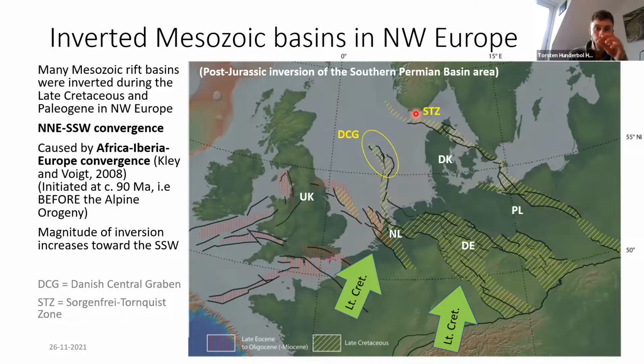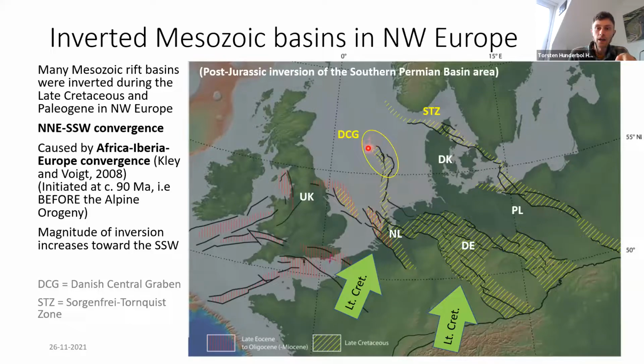As you move further southwest, you cross the Danish Central Graben, and you might end up down here, at the Salt Pit Basin, or the Broad Fourteens Basin offshore Netherlands. And these basins saw a lot more inversion, so much relative uplift that erosion dug down into the late Jurassic syn-rift deposits.